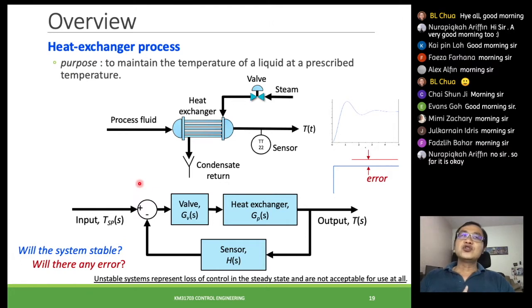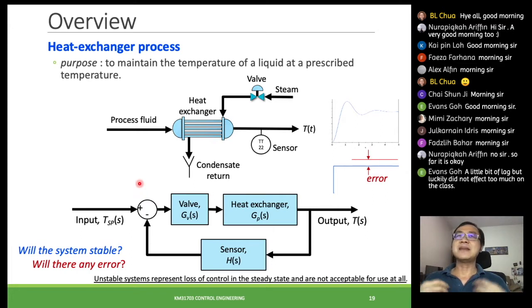Just an overview to give you an idea of how these things are actually implemented in so-called real life problems. All these equations basically can be in the form of mechanical devices. It can be from a very basic gear, a simple machine, motor control, and even process control like these examples, the heat exchanger process.